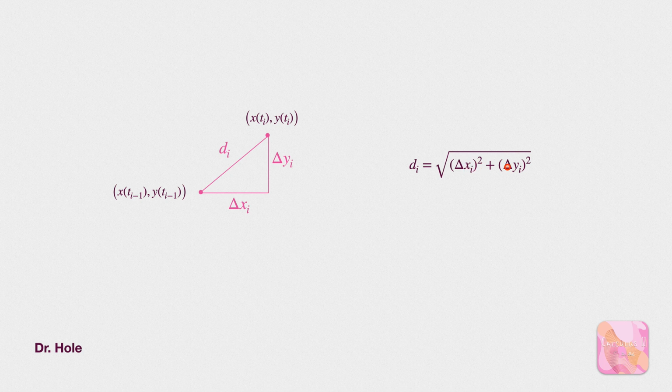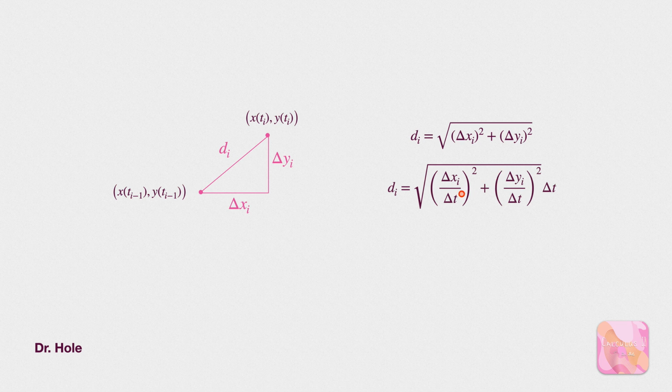Multiply each summand by 1 in the form of delta t squared over delta t squared. Rearrange that so that you can pull off the delta t in the numerator. Apply the radical to the delta t squared to get delta t on the outside. And this is the form that we want to use to represent this hypotenuse between 2 points, p i minus 1 and p i.